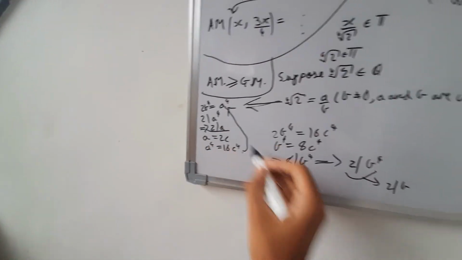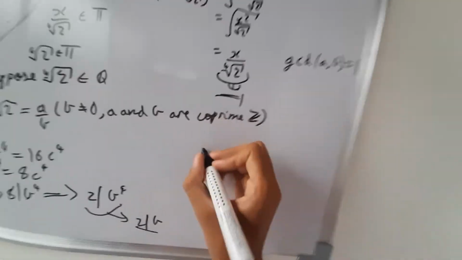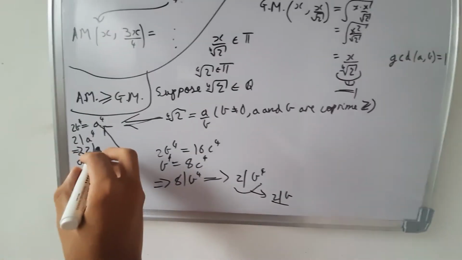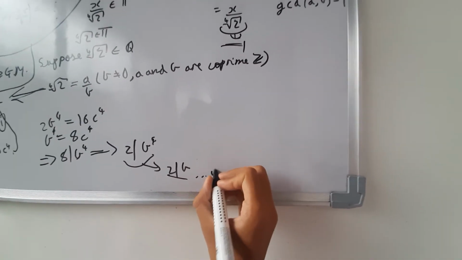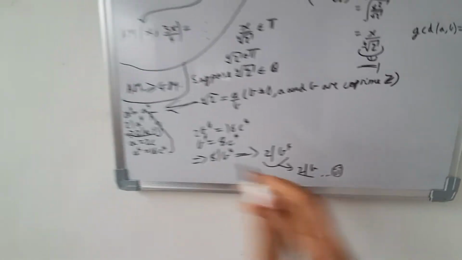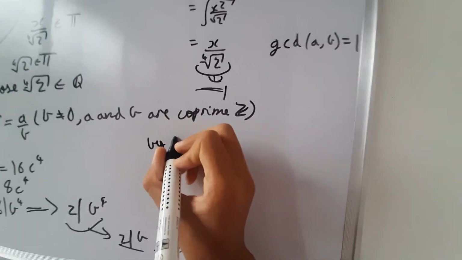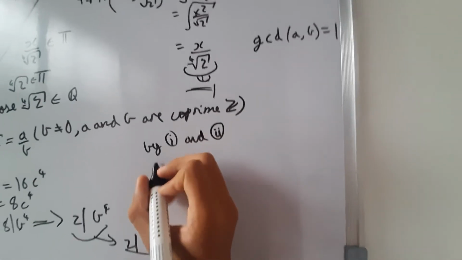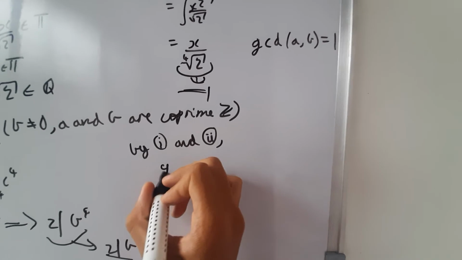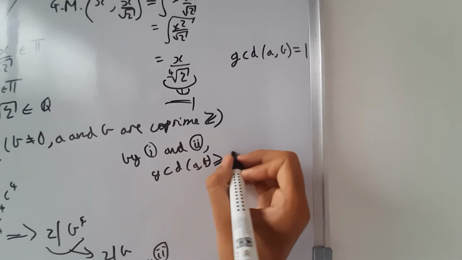Let me name these two statements 1 and 2. From 1 and 2, the GCD of a and b is greater than or equal to 2.